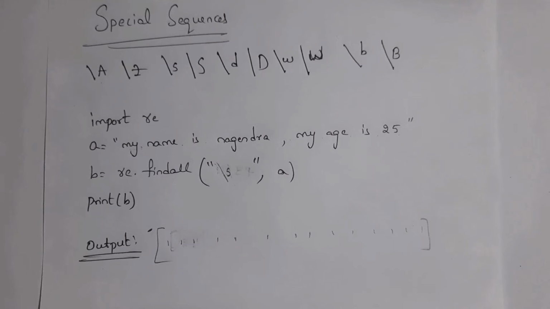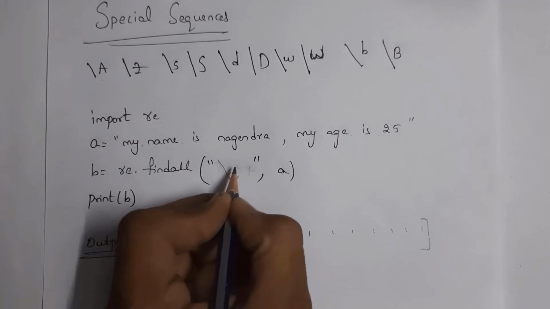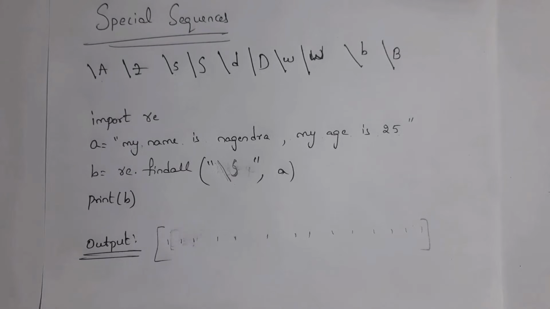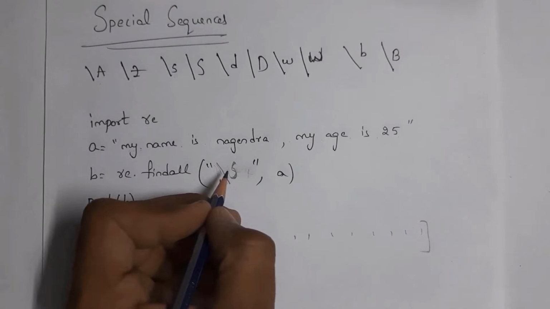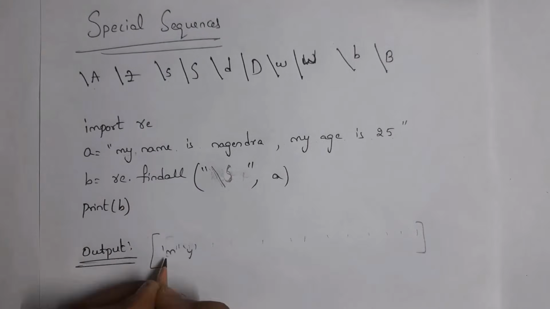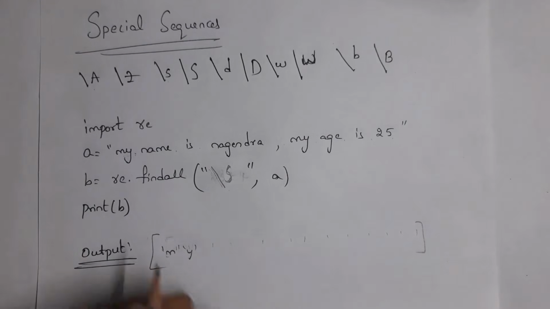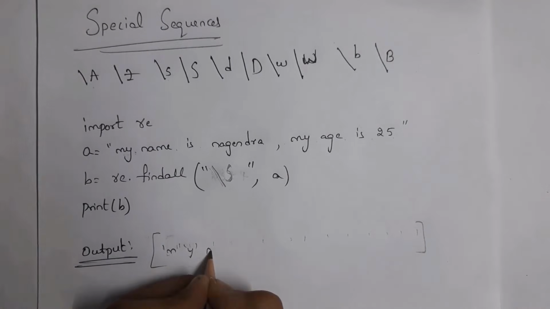Next I will explain what is the use of backslash capital S. Just write backslash capital S here. It is opposite to small s, where small s represents only spaces, whereas capital S represents all characters except spaces. So whenever you write re.findall backslash capital S, you will get output. It will represent each character in single quotations. You will get output my. It won't count spaces.